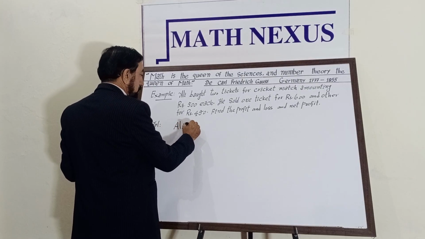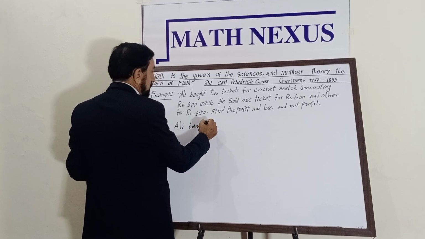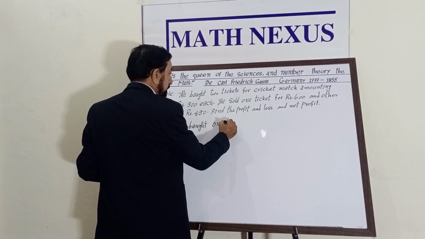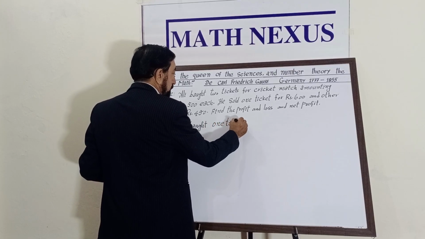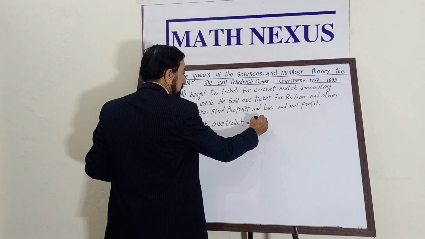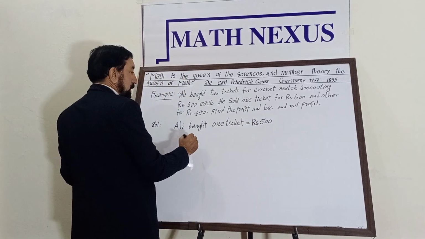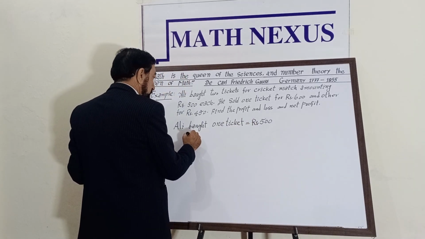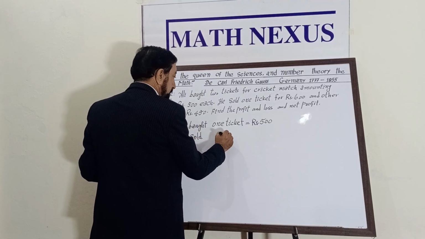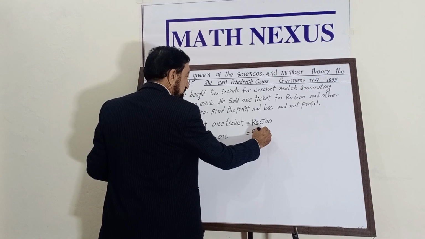Ali bought one ticket for rupees 500 and sold it for rupees 600.